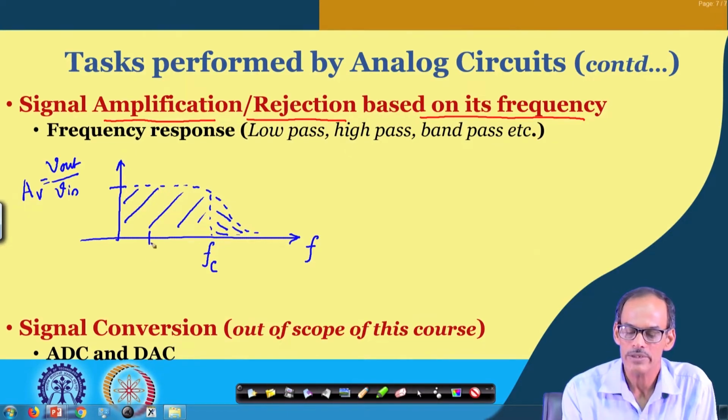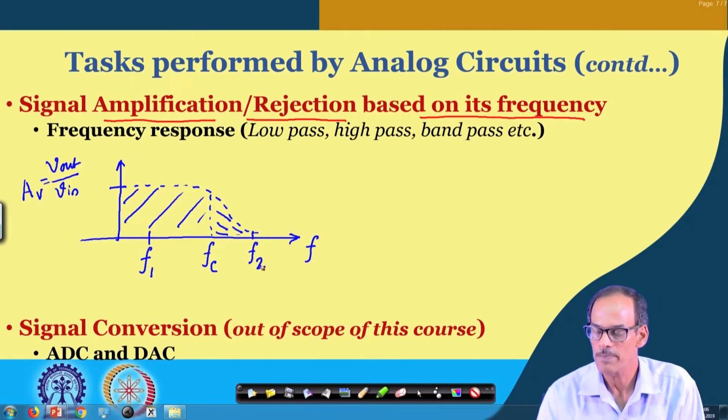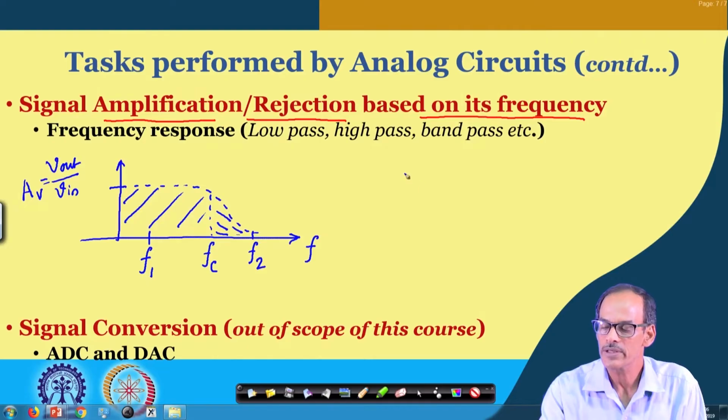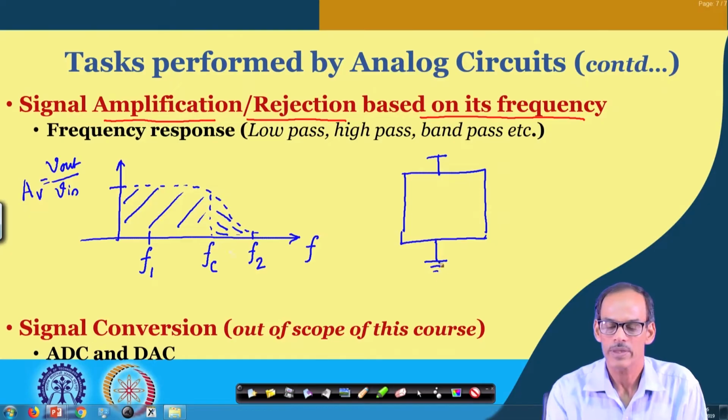So, suppose you have one frequency component, say f1 here, and then you have another frequency component, f2, in the input signal. Which means that suppose we have one analog circuit having a good gain in the low frequency region, that means it is having very good gain.